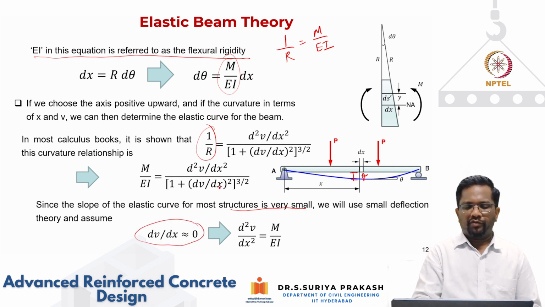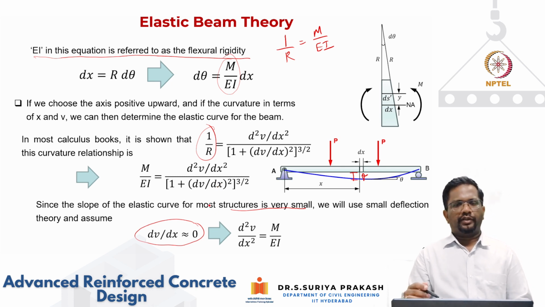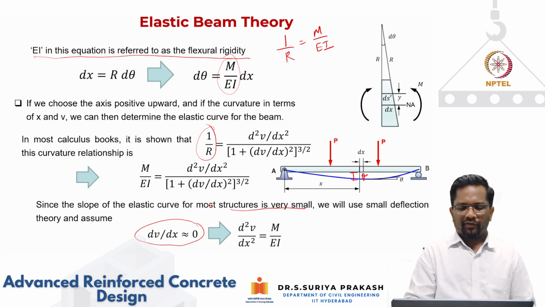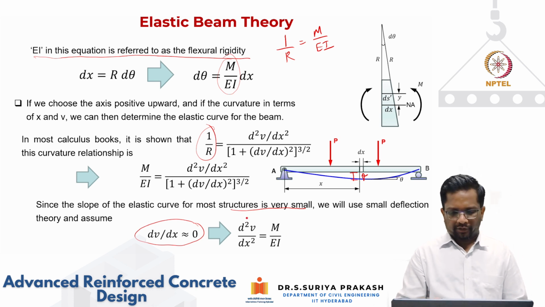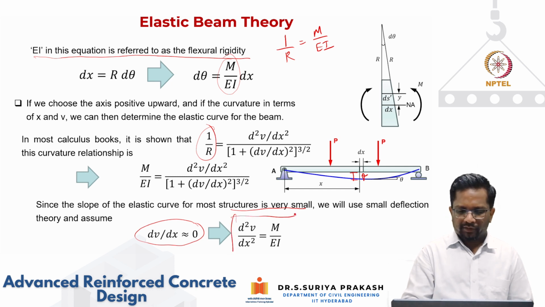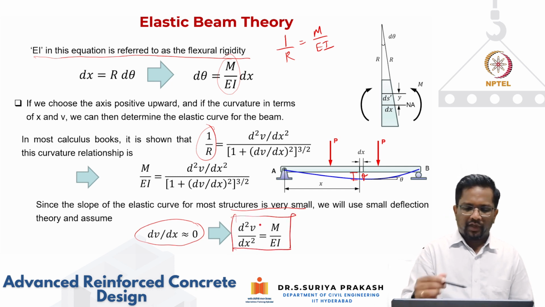If I put dv by dx equal to 0 here, you can simplify the relationship between curvature and deflection: M by EI will become d square v by dx square.